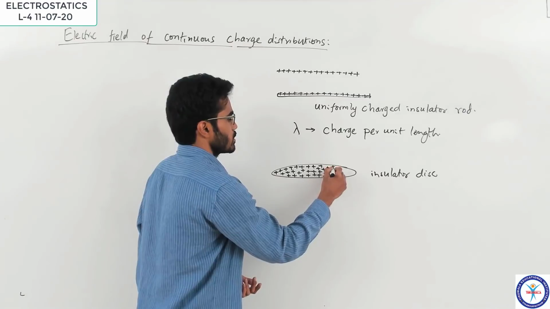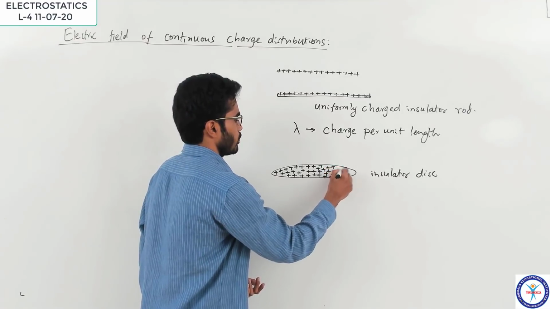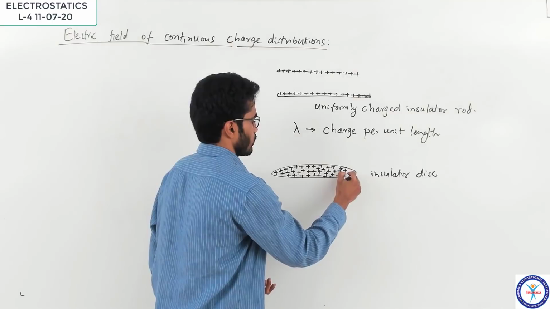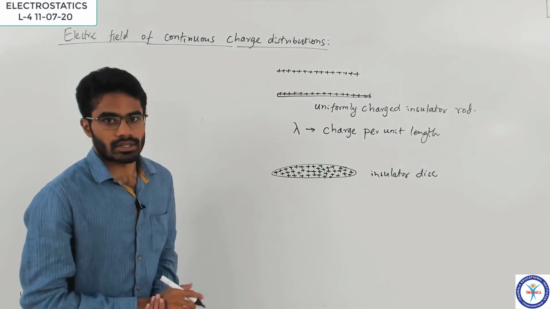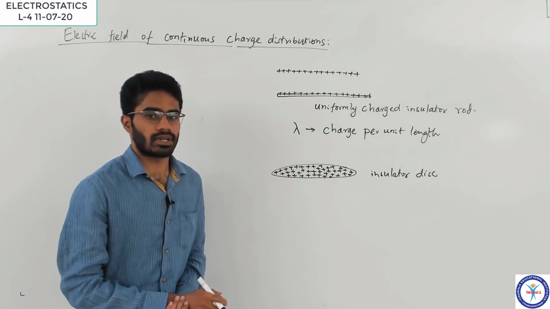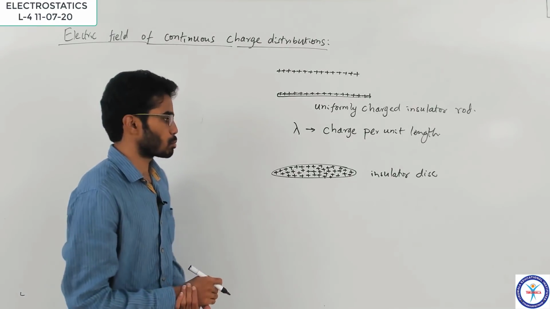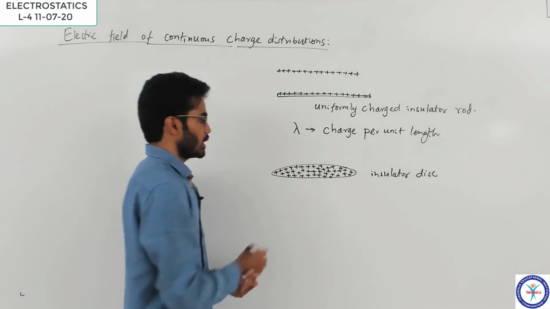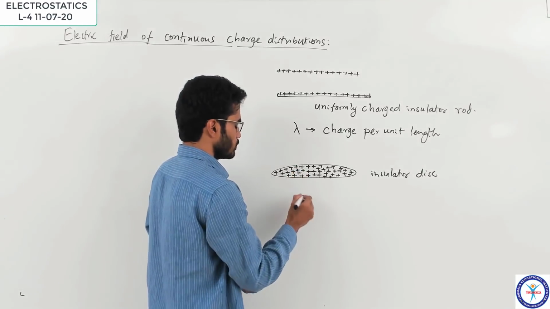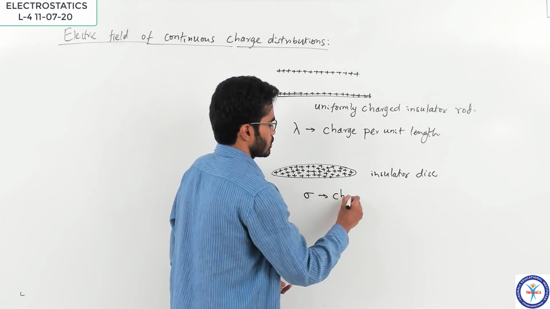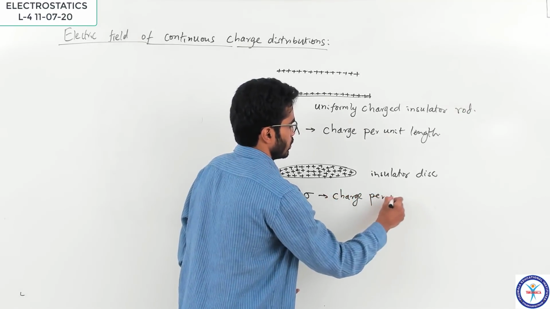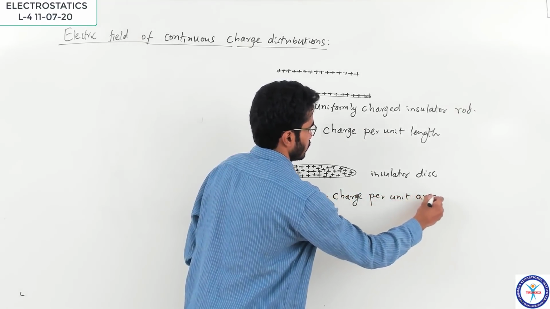The density is the same everywhere. So it is uniformly charged, whether it is given positive or negative charge. If it is uniform, in such cases we use the term sigma. This is charge per unit area.